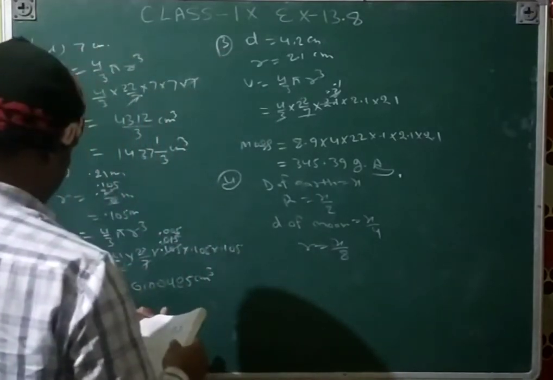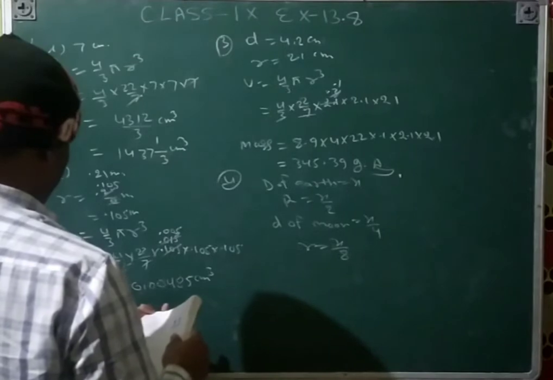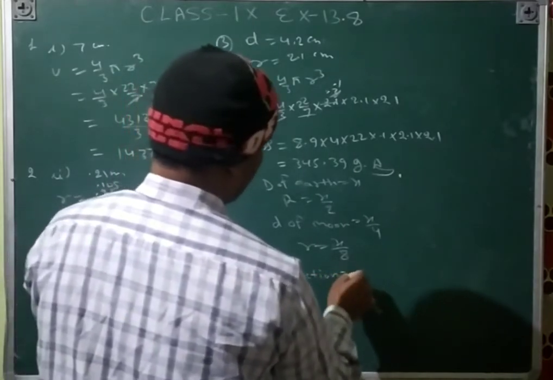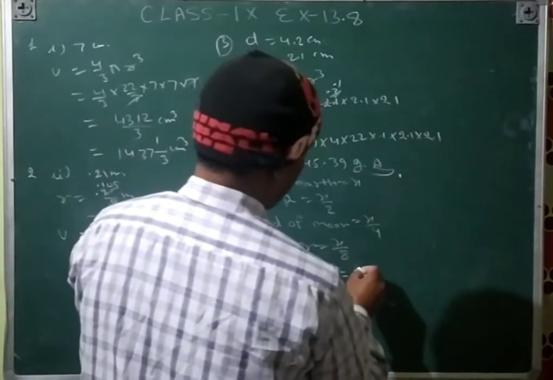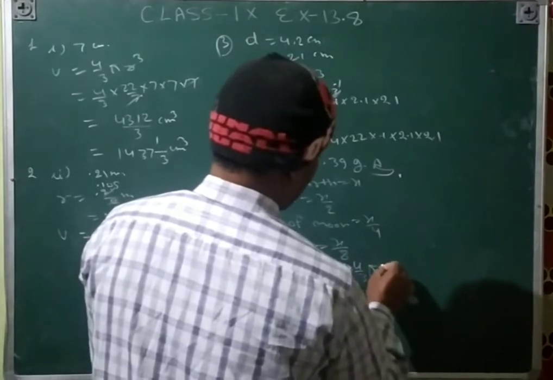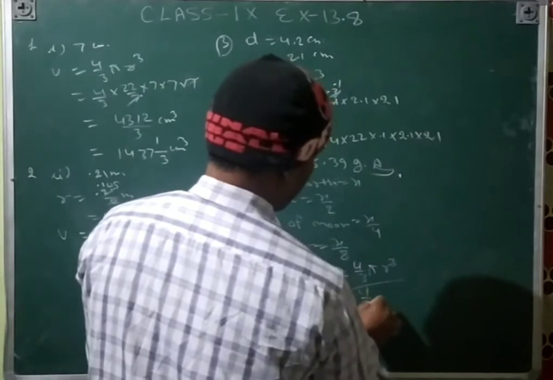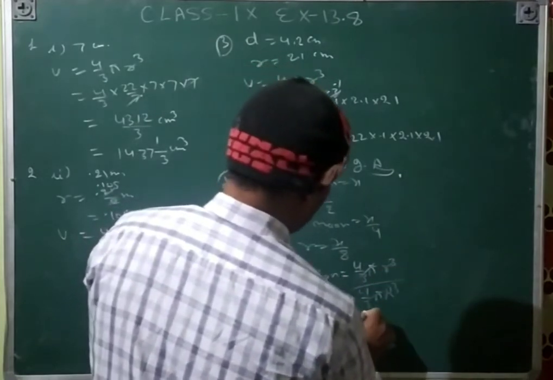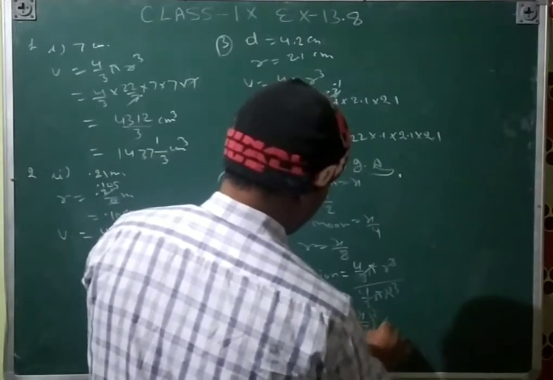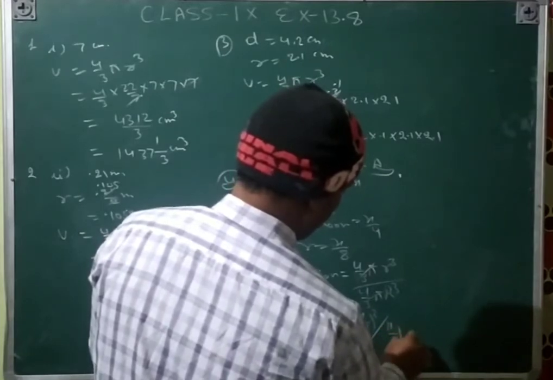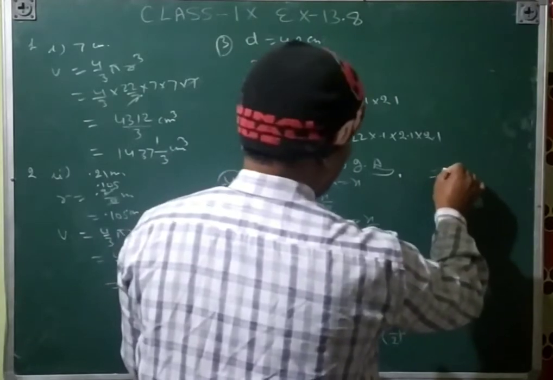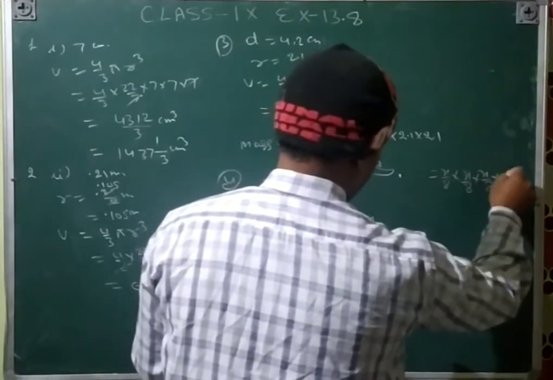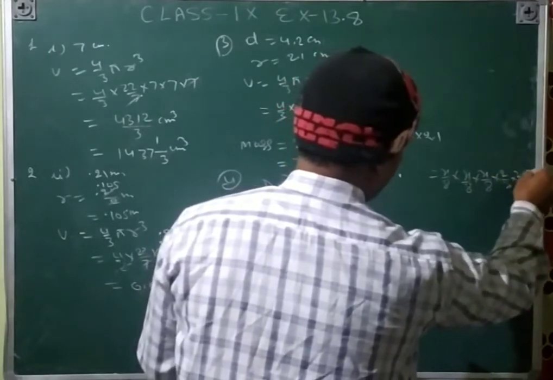And then we need to find the fraction of the volume of the moon to the earth. So the fraction is equal to the volume of the moon upon the volume of the earth, that is 4 upon 3 pi r cube upon 4 upon 3 pi r cube. 4 upon 3 cancels by 4 upon 3, so it is x upon 8 whole cube upon x upon 2 whole cube. That is x upon 8 into x upon 8 into x upon 8 into 2 upon x into 2 upon x into 2 upon x.